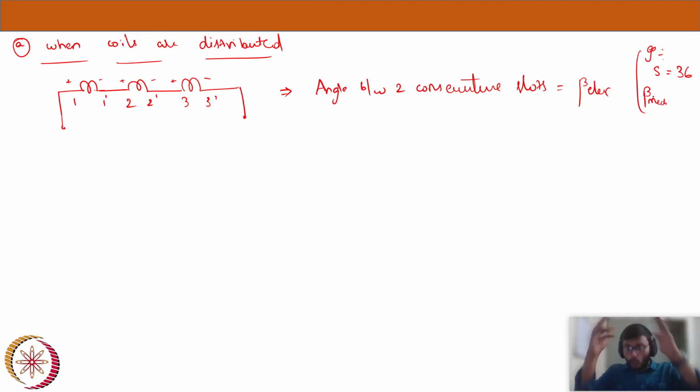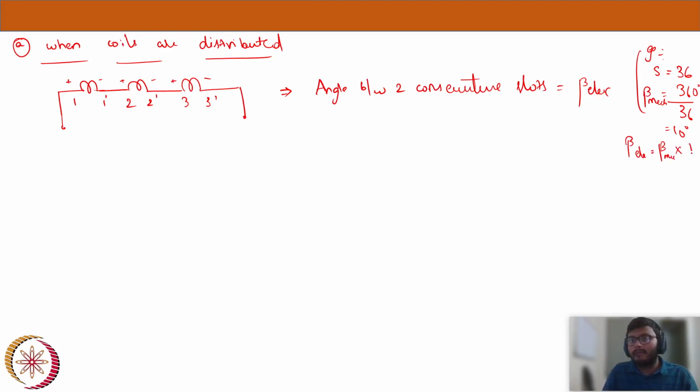Mechanical is just how you look at a machine. Every machine has 360 degrees mechanically. Now 36 slots are divided across 360 degrees, so beta mechanical will be 360 by 36 slots, which is 10 degrees. Now, what is electrical? To get the electrical angle, we multiply the mechanical angle with the pole pairs. So that is what electrical beta means. That is the angle between two consecutive slots.